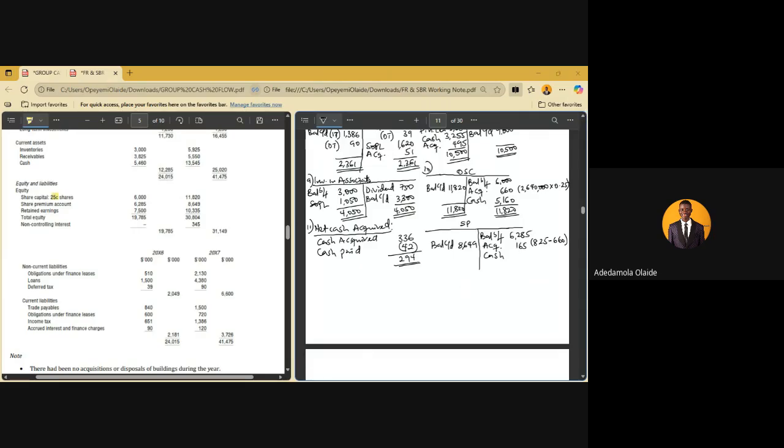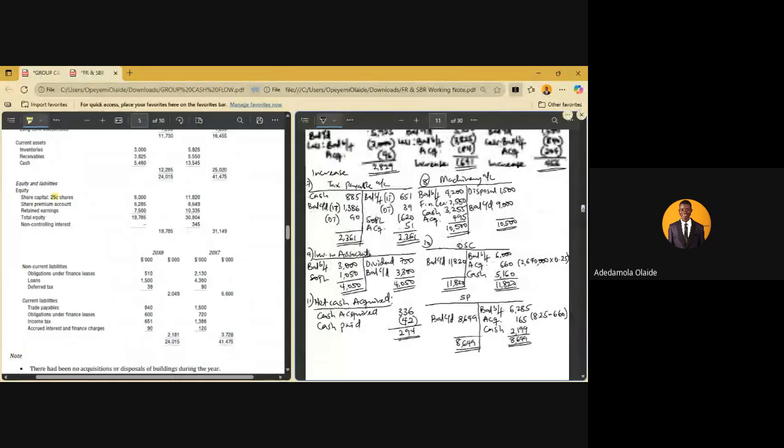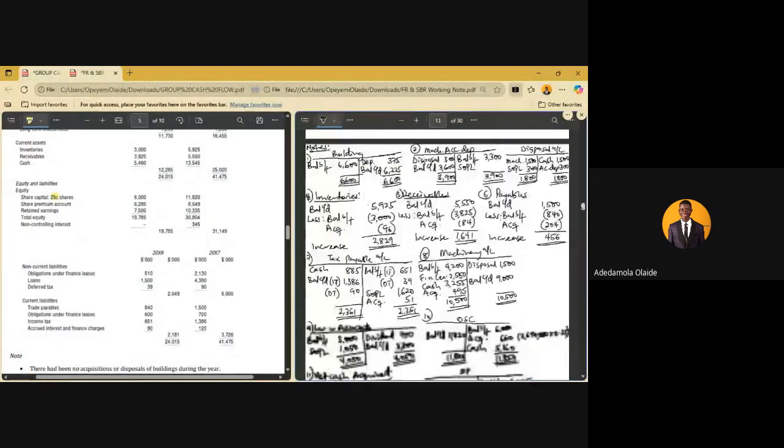So what will be the cash? 2199. That will give us 8649. 2199 as the cash inflow from it.